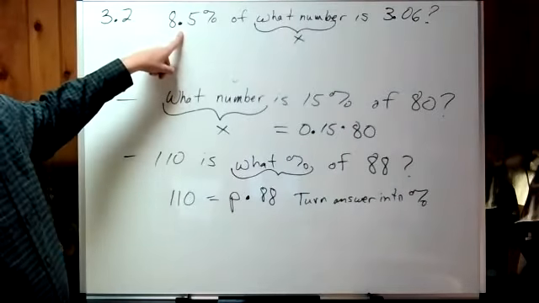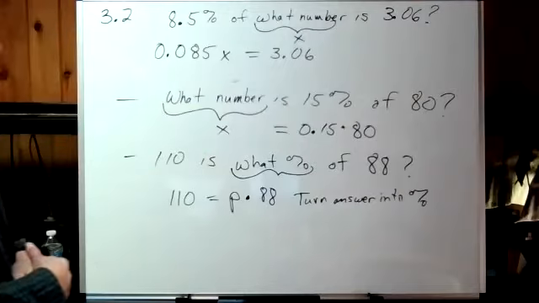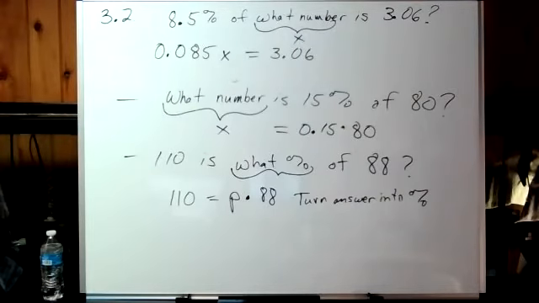So 8.5% of something is 3.06. What I'm trying to point out is this translation is not too difficult. I try to avoid saying easy, but if it's in that kind of simple sentence shape, you can translate it pretty directly.